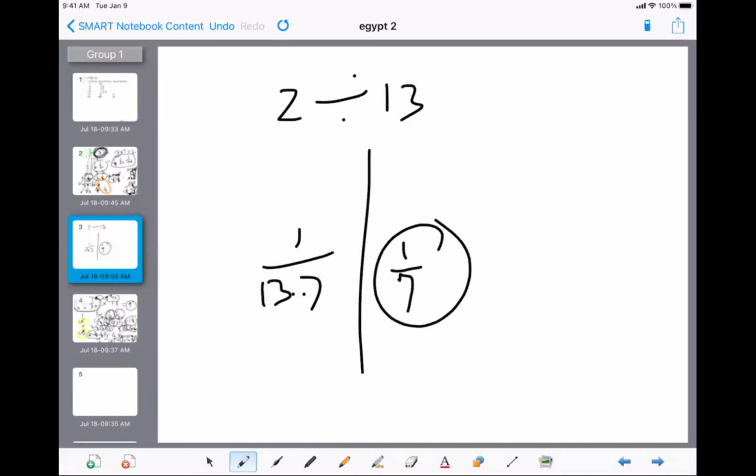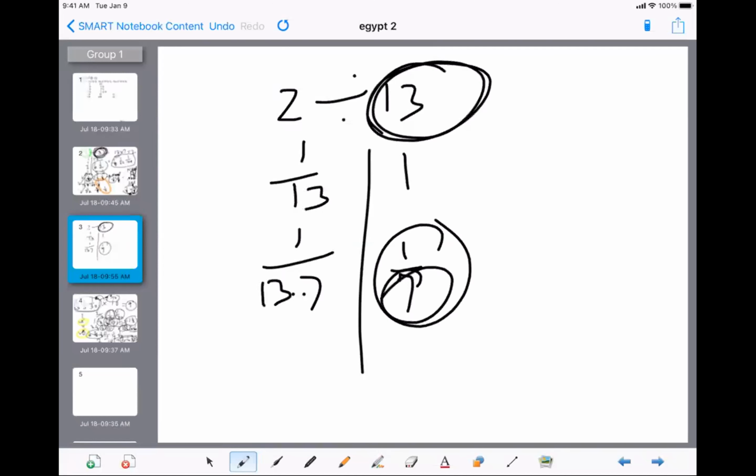That's because 1/13 would get me to 1, but I don't want 1, I want 1/7. So by multiplying this number by whatever number I wish to have in the denominator on the right, I can achieve it. It feels like cheating.